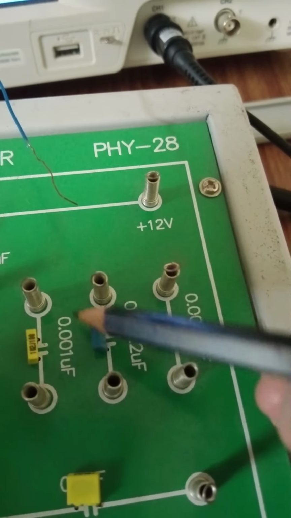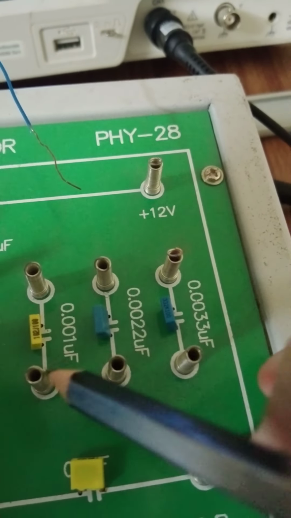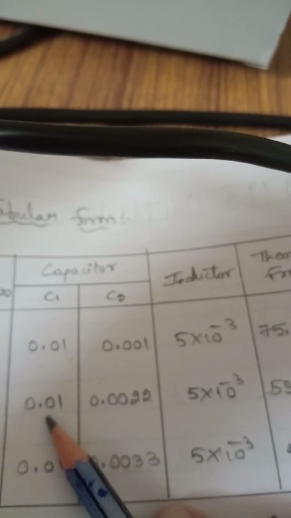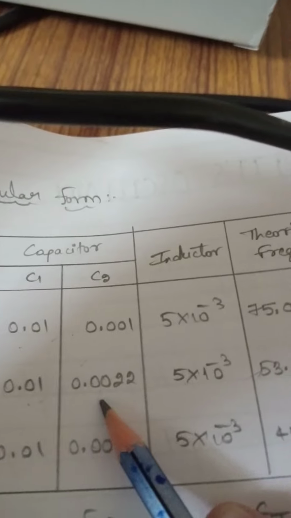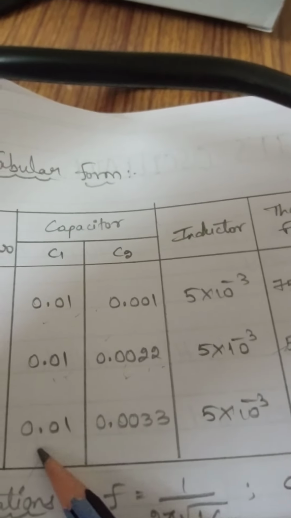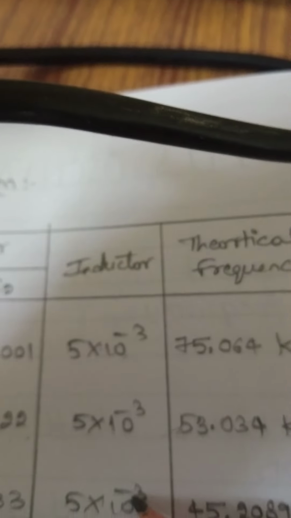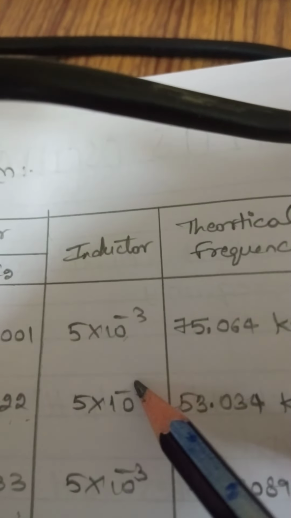C1 is constant at 0.01, and for C2 I take 0.001, 0.0022 and 0.0033. The inductor is constant at 5 millihenries. Milli means 10 to the power minus 3.